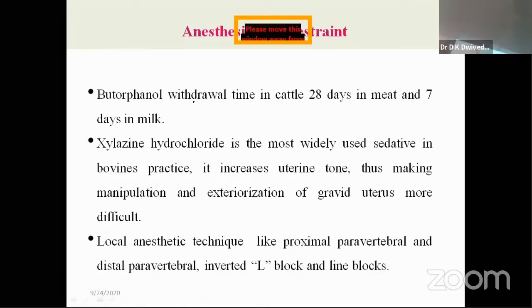So if possible, go for local analgesia up to the exteriorization of the uterus and extraction of the fetus. You can infiltrate the local anesthetic agent either following the L block or line block. Okay, and thereafter, if required, you may go for the sedation. But if it is not possible, then you don't have any option, and you have to go for injecting xylazine hydrochloride.